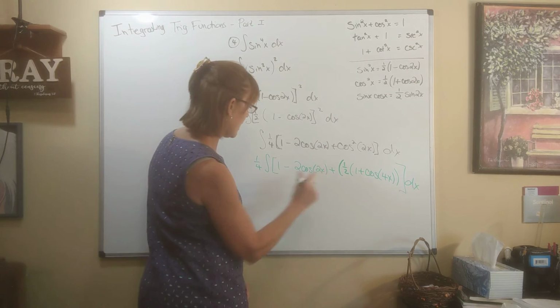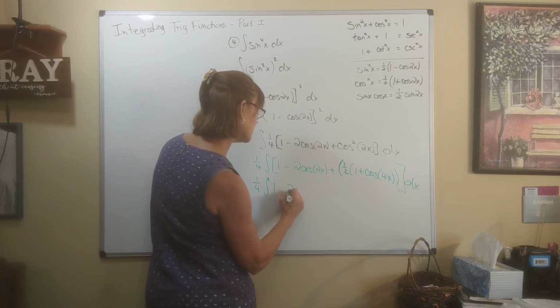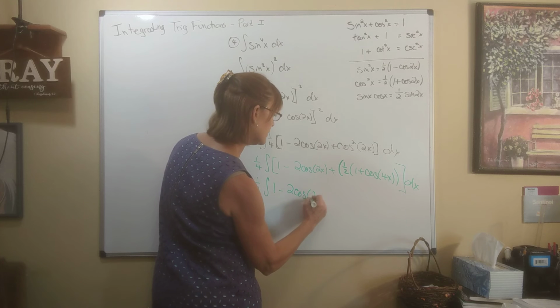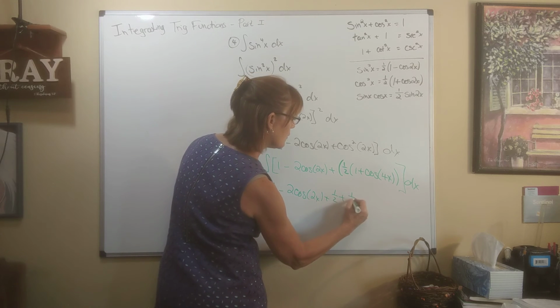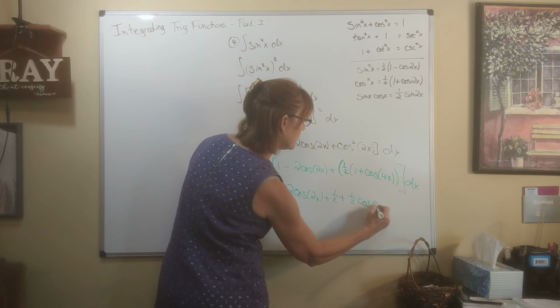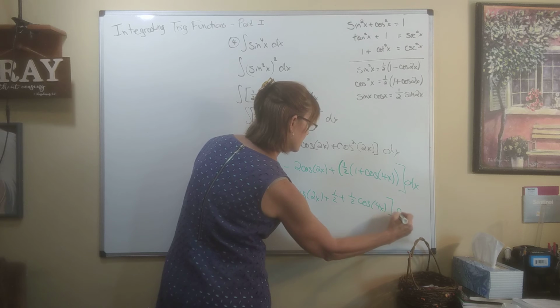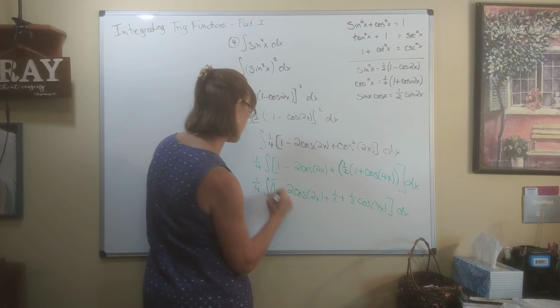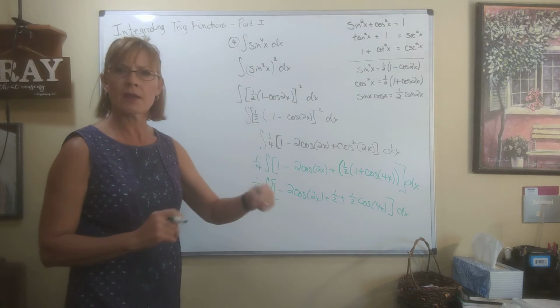Let's distribute the 1/2. 1/4 stays out here. We've got 1 minus 2 cosine of 2x plus 1/2 plus 1/2 times the cosine of 4x. All of this is in the same big integral. Okay, here we go. 1 plus 1/2 is 1.5 or 3/2.